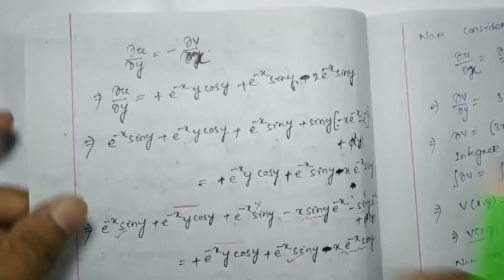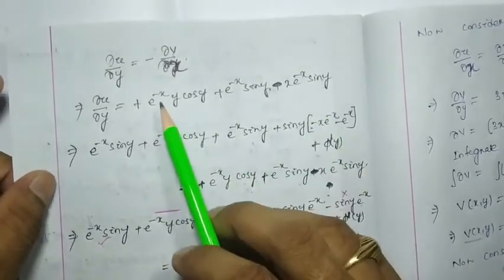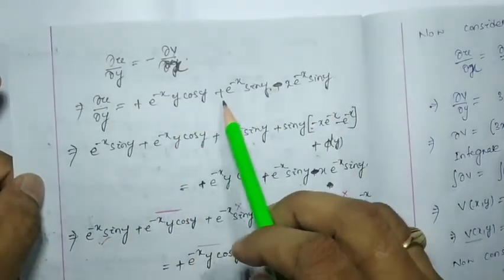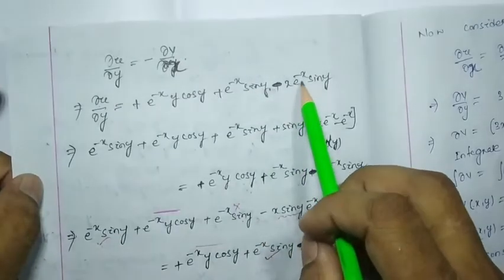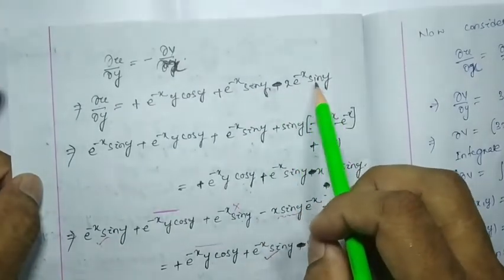So plus e to the minus x y cos y plus e to the minus x sin y minus x e to the minus x sin y. Hence del u by del y equal to minus del v by del x. The minus del v by del x means we have to consider that minus, which makes this plus and this minus. The same thing I have written over here: plus e to the minus x y cos y plus e to the minus x sin y minus x e to the minus x sin y.